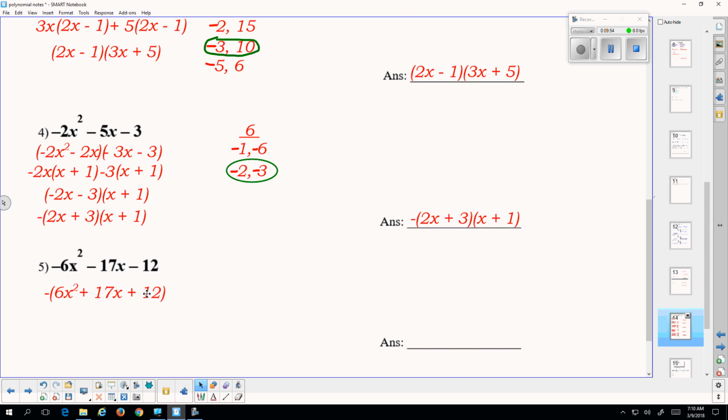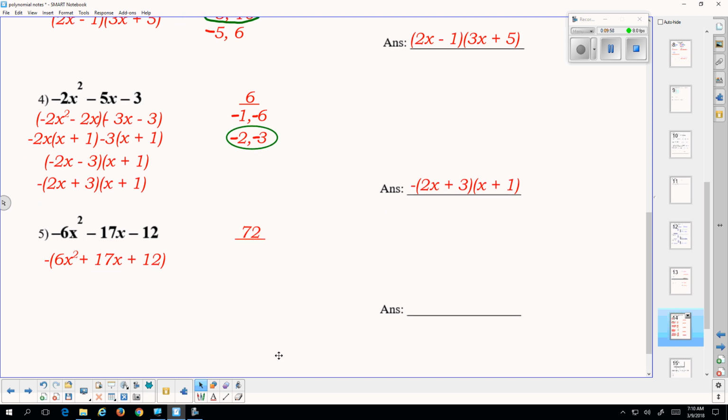So we're still going to multiply 6 and 12, and that gives us 72. And we're going to list all the factors of 72. There's a lot. 1 and 72. 2 and 36.